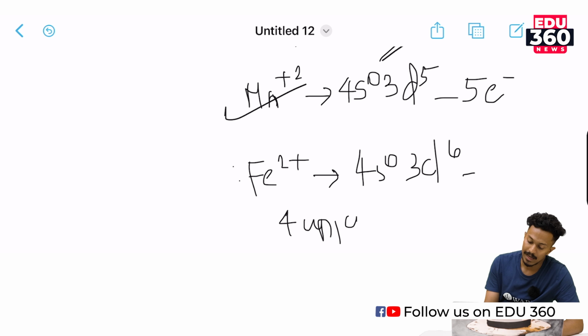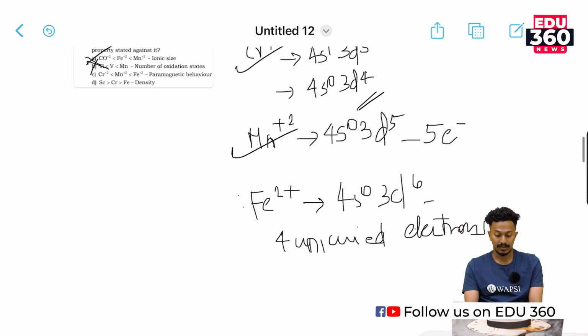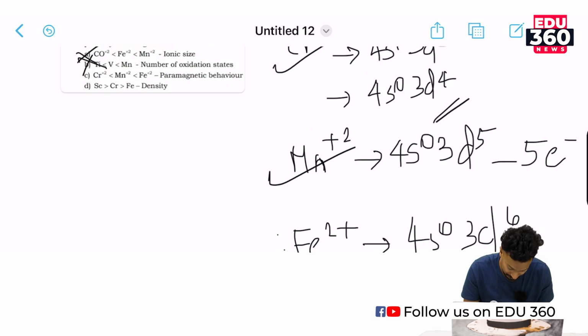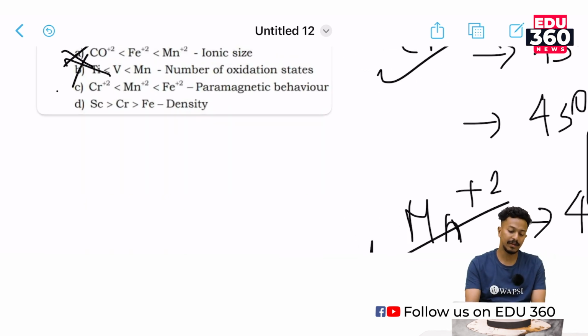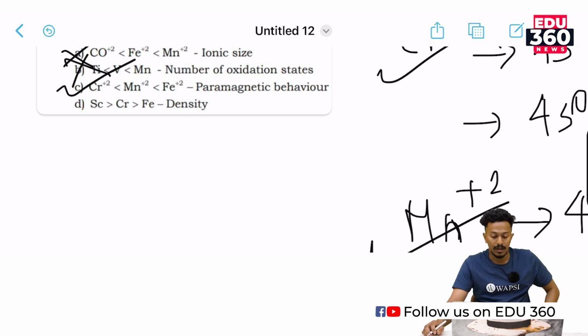Therefore, everything in that series is paramagnetic. So we could say Cr2+, Mn2+, Fe2+ are paramagnetic in behavior, and option C is the correct answer for this question. There is no point in checking the last option, but we can check it.